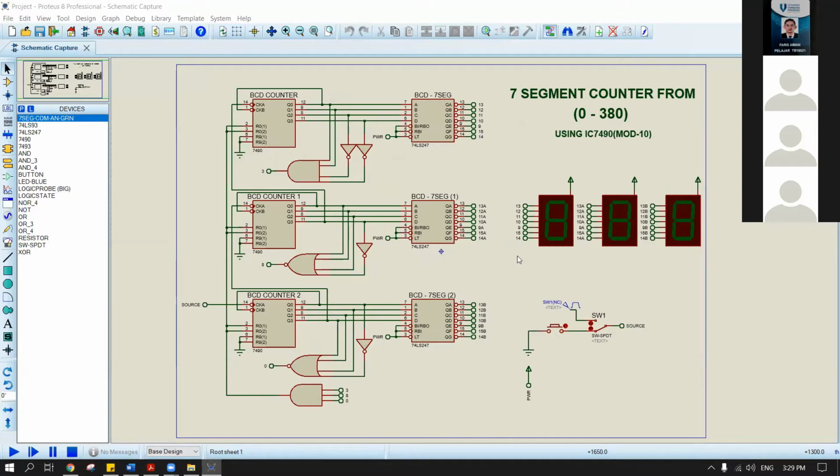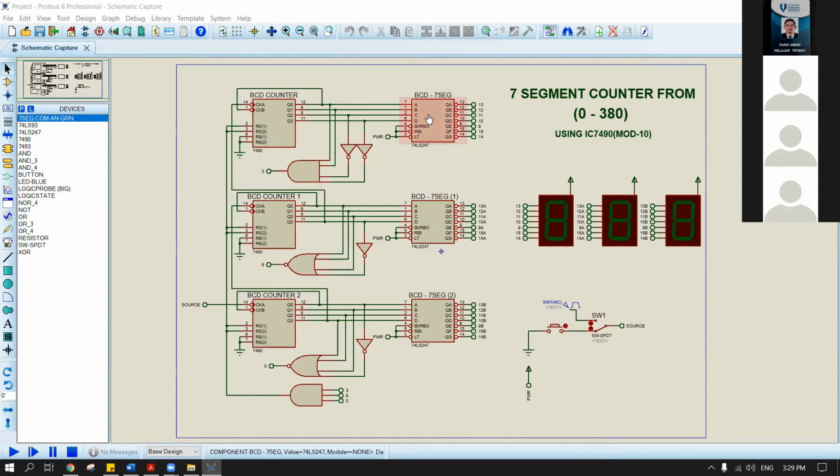As you can see on the left side is the BCD counter, and the right side is from the BCD counter to the 7 segment.